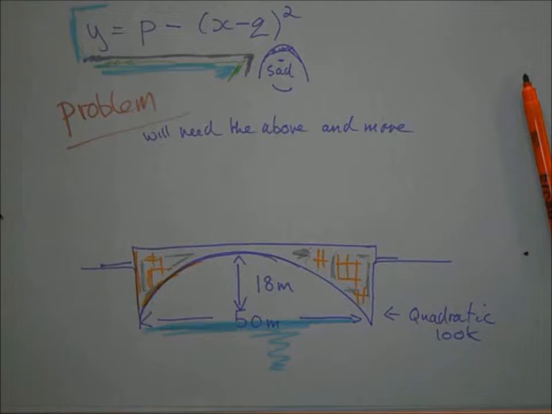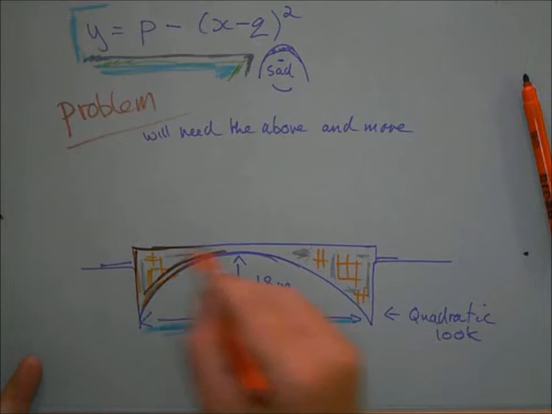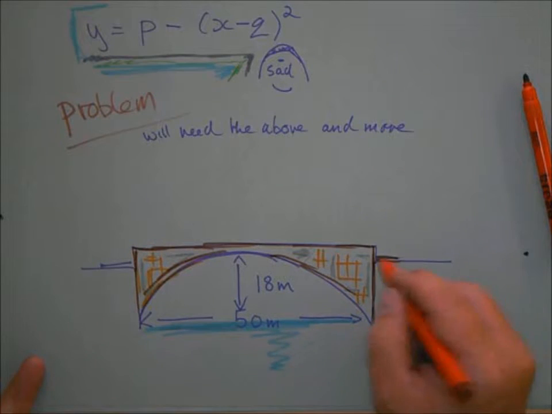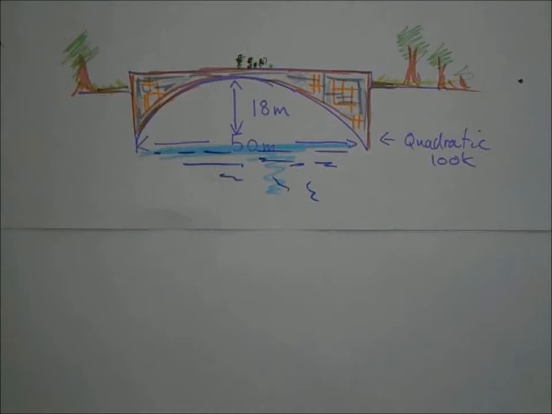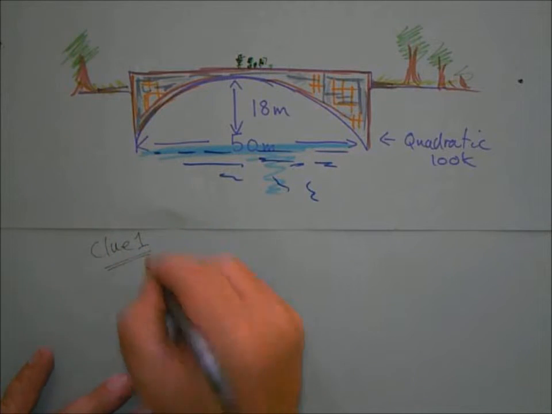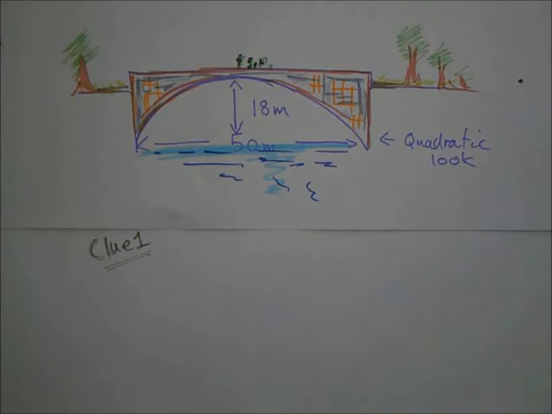So we're going to model this and make it look like a graph. A really clever idea is to think of our y-axis as being right in the middle of that bridge.